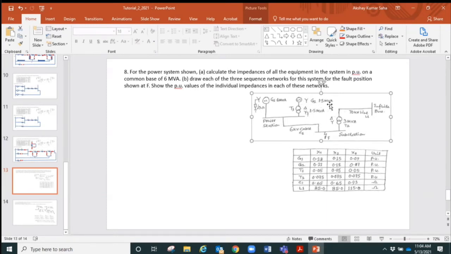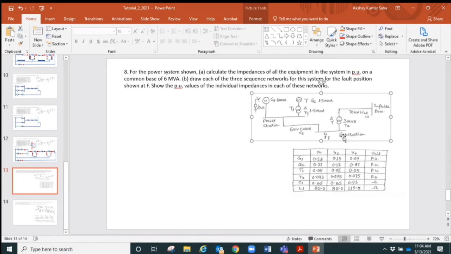Its MVA is 1.5. It's connected to a transformer of 1.5 MVA. This side is delta connected. The busbar side is star connected and grounded solidly, coming to the power station busbar, from where we have a 6 kilovolt cable labeled as C1 coming to another busbar at a substation.